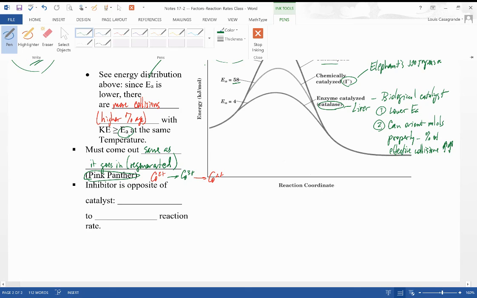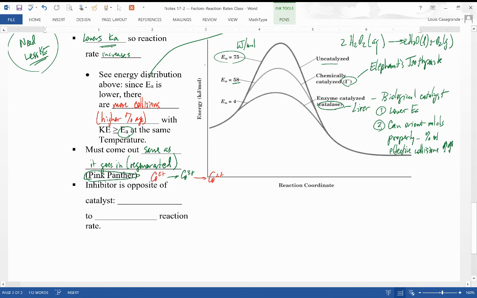Now, if you can speed up a reaction by lowering the activation energy, then you can inhibit or slow down the reaction. Why would you want to slow down the reaction? Well, again, think about food. We talked about food in the refrigerator a little while ago, and lowering the temperature is going to slow down the reaction. If you can put something in the food that doesn't harm you to eat it, but slows down the reaction rate, then that's going to help to preserve the food. So this would be preservatives.